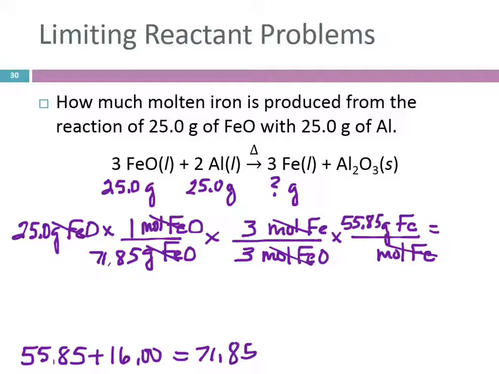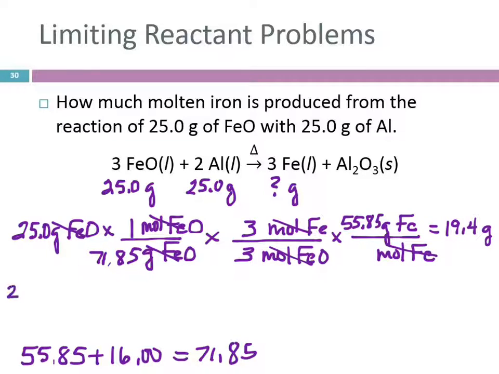Moles, you can kind of just stare at it and figure it out, but not with grams. So 25 divided by 71.85 times 3 divided by 3 times 55.85 equals, I'm getting 19.4 grams of iron.